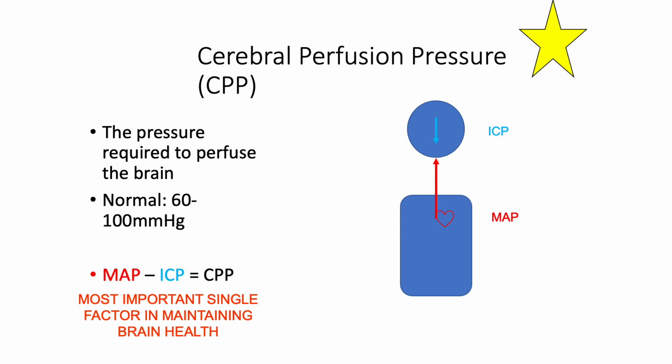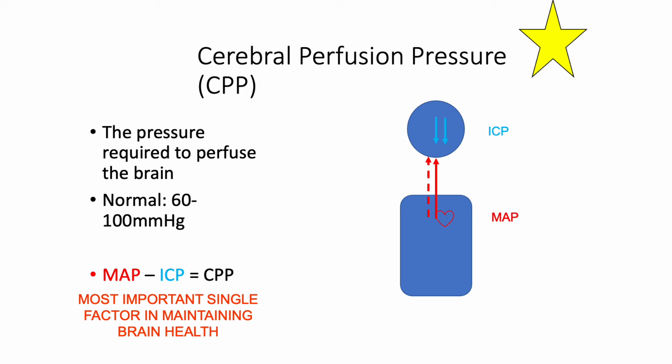If there is a low MAP, for instance, that's going to reduce our CPP because we aren't sending enough pressure to the brain. Or if our MAP is just fine, but our counter pressure, or the ICP pushing back against the MAP, is really high, that's going to reduce perfusion as well. So think of it this way. How hard is the heart pushing blood to the brain minus how hard the brain is pushing back?